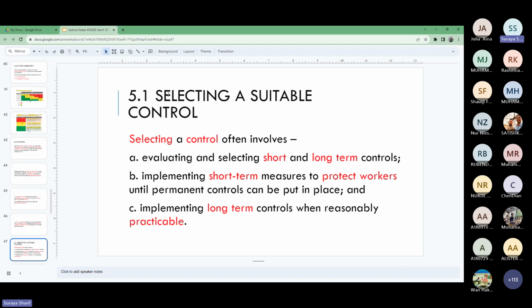Okay, next is selecting a suitable control. Selecting a control involves evaluating and selecting short and long-term controls. A short-term measure is to protect the worker until permanent controls can be put in place, and implementing long-term controls when reasonably practical.